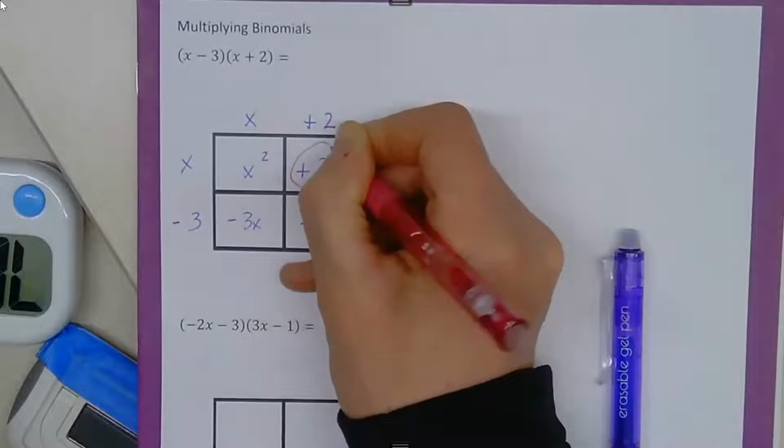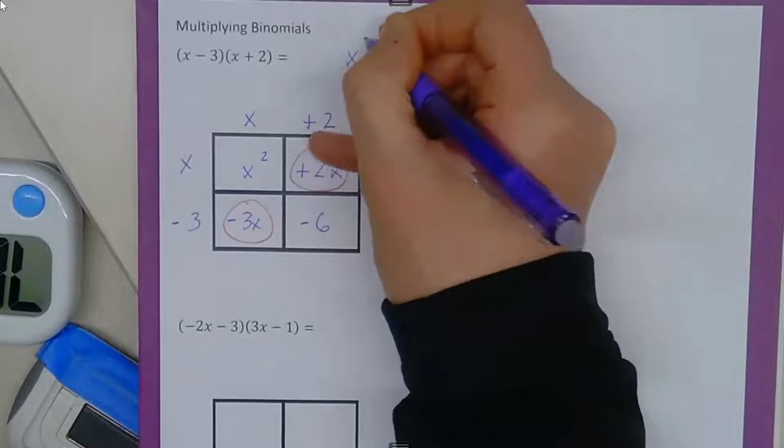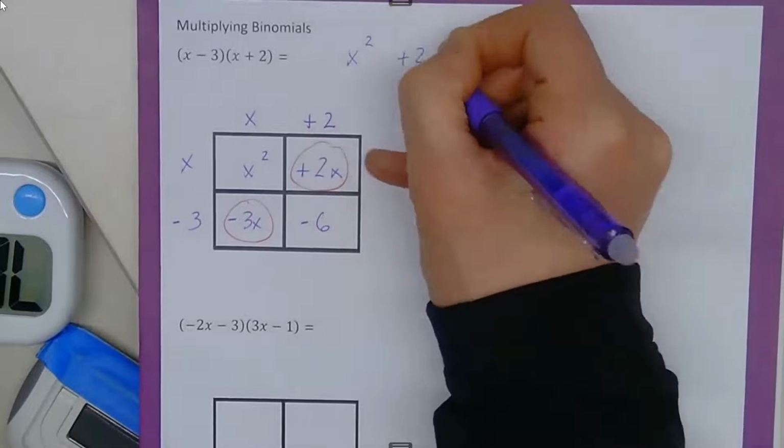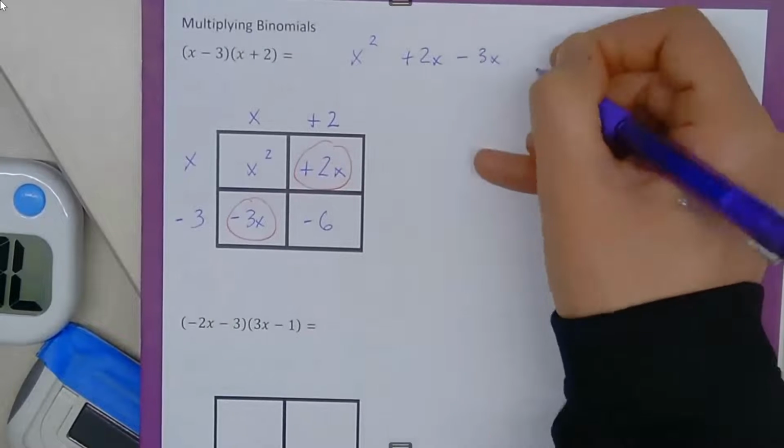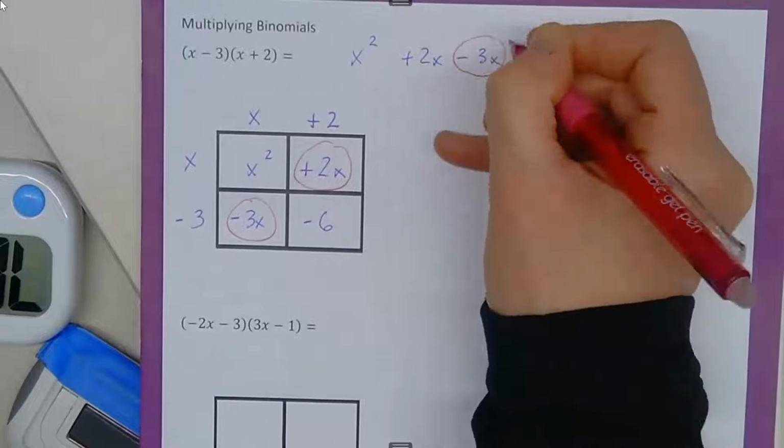So I have like terms here, and I have like terms here. I have x squared plus 2x minus 3x, then minus 6. And I have to combine these like terms.